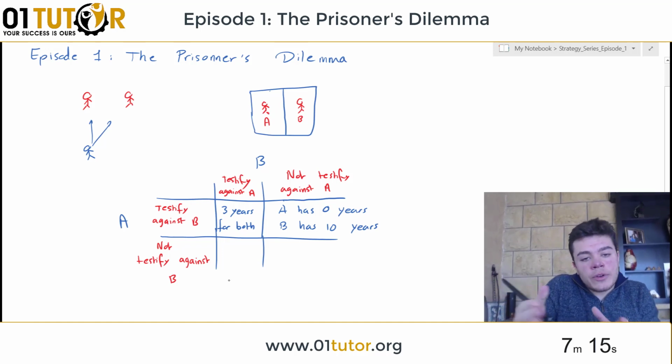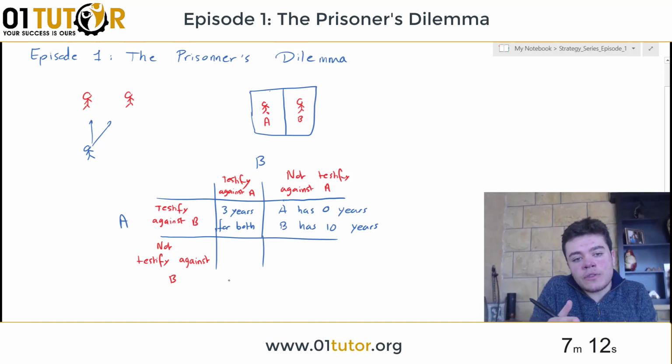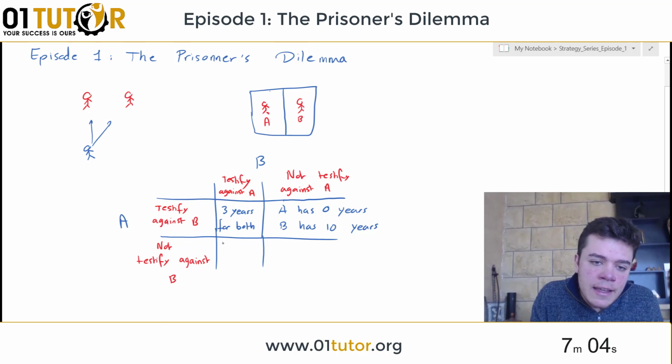The reverse goes for the case where B testifies against A and A doesn't testify against B. If B testifies against A but A fails to testify, then B goes free, so B has 0 years, while A would have 10 years of prison.